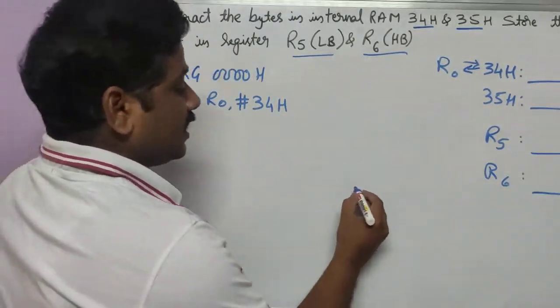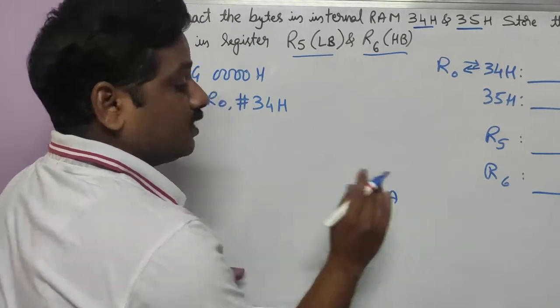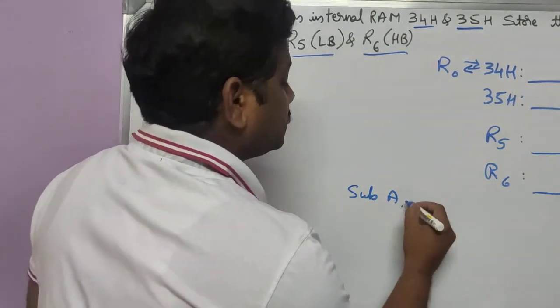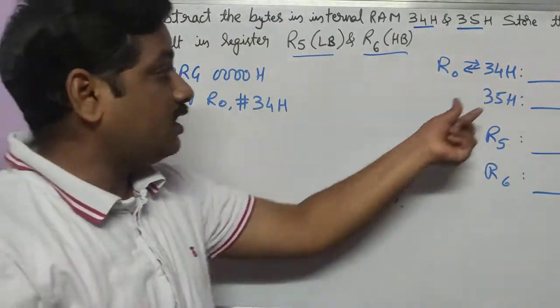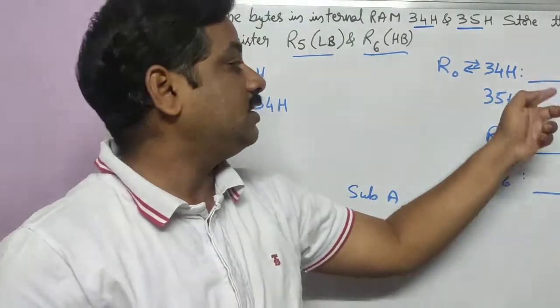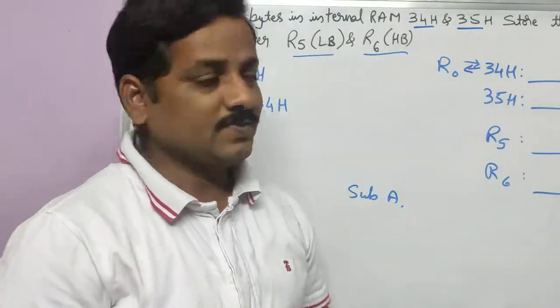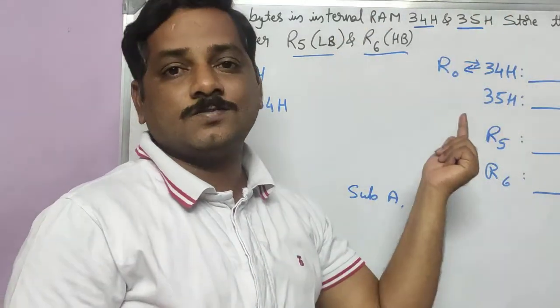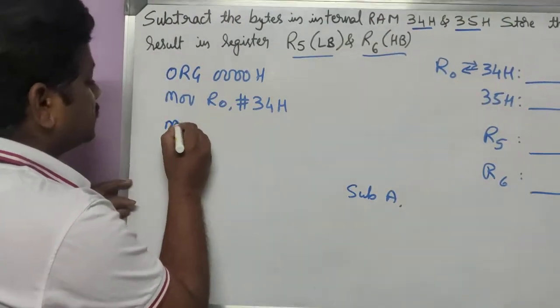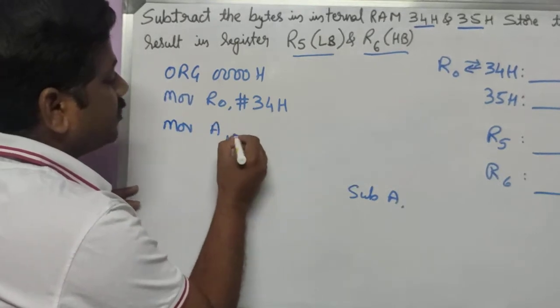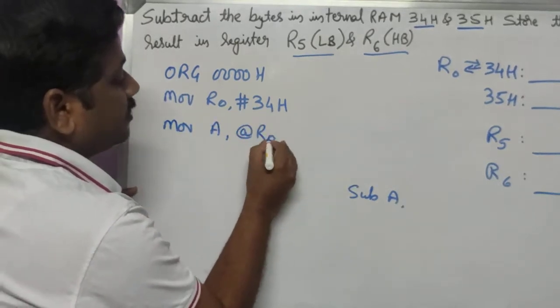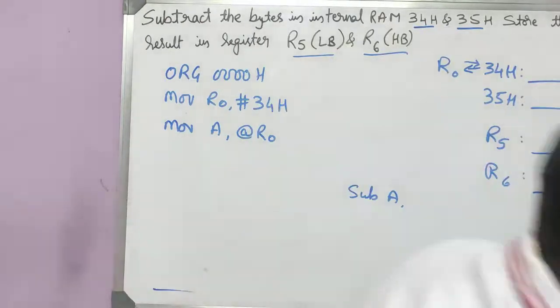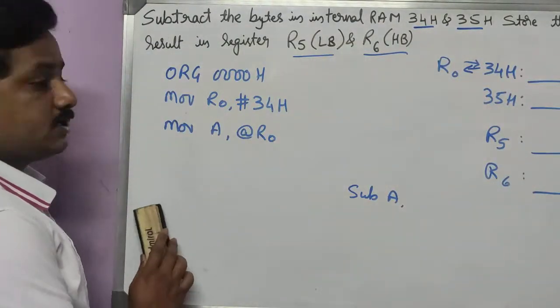For subtraction, I should have the accumulator as one source, and the other can be any other register. So one data should be in the accumulator, and the other data has to be in a register. First let me take this into the accumulator. How do we take that into the accumulator? Write a move instruction: MOV A, @R0. It should be very clear why I use @R0.